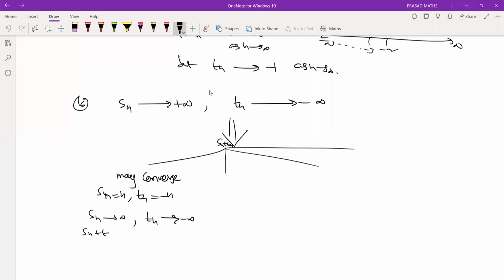Sn plus Tn is n minus n, which is 0. Therefore, Sn plus Tn is a constant sequence which converges to 0. So what you have seen is that Sn diverges to plus infinity and Tn diverges to minus infinity, which implies that Sn plus Tn may be convergent. So we have seen an example.